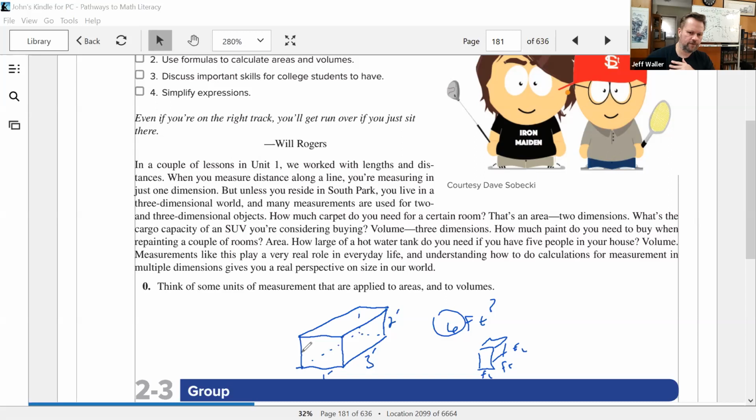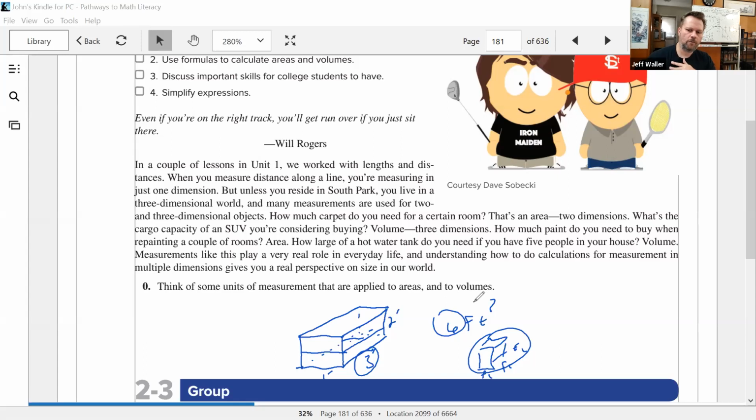There'd be 1 layer with 1, 2, 3, and then the next layer with 1, 2, 3. That would be 6 little cubic feet.